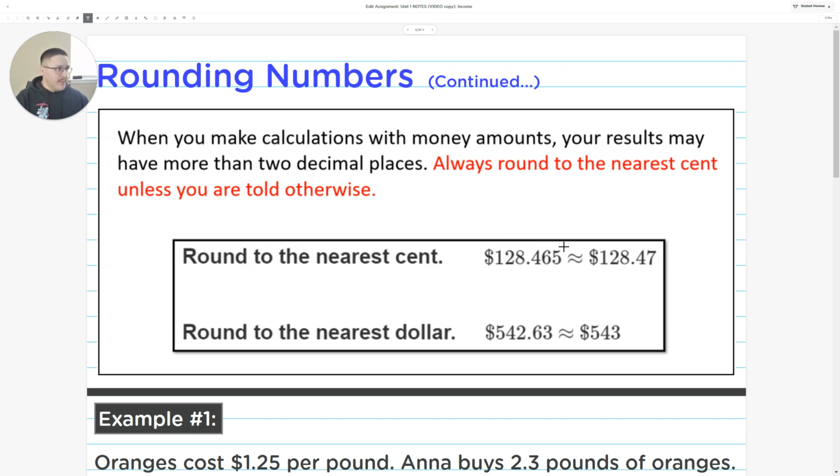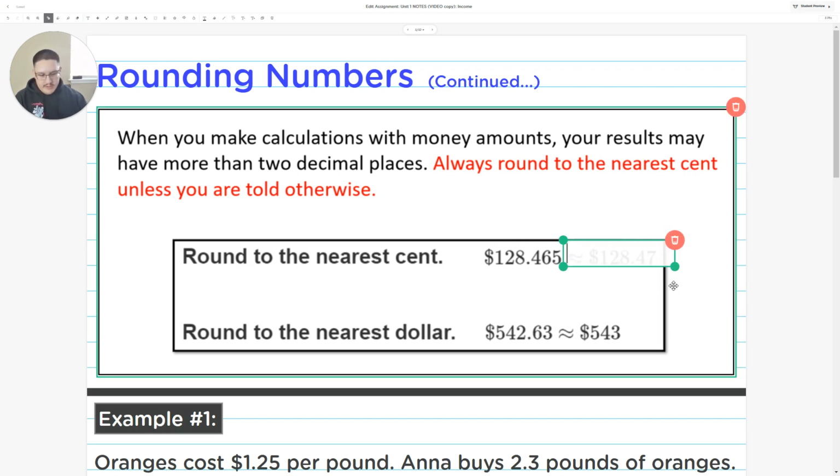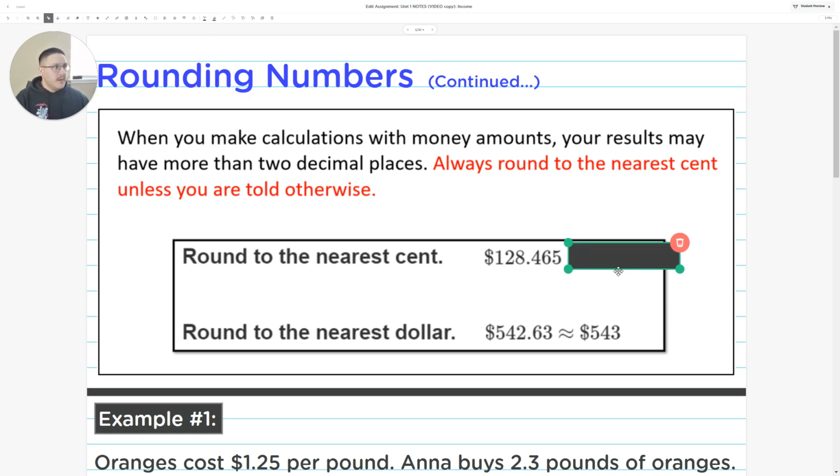So, for example, to the nearest cent, we have the following dollar amount, $128.465. Well, we don't typically have 3 decimal places when we talk about money. So we're going to round to the nearest hundredth place. Okay?